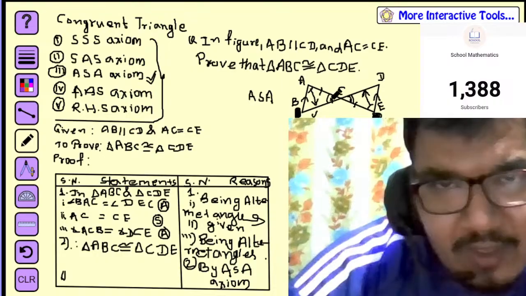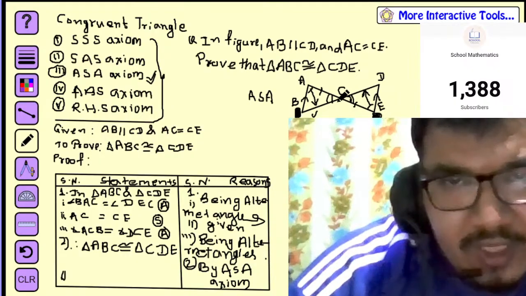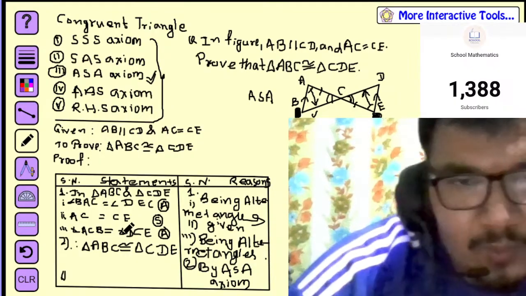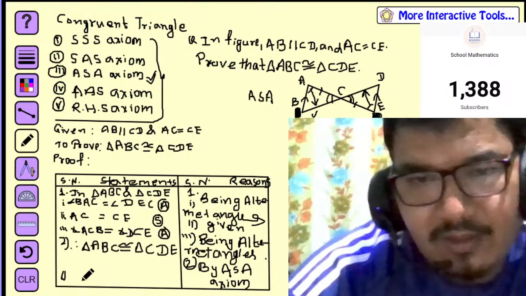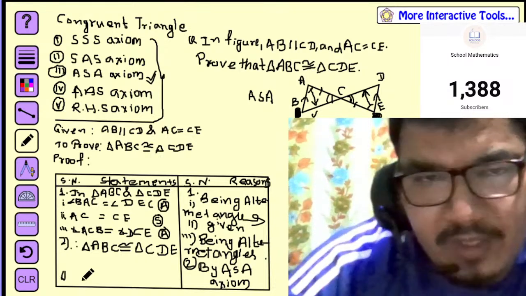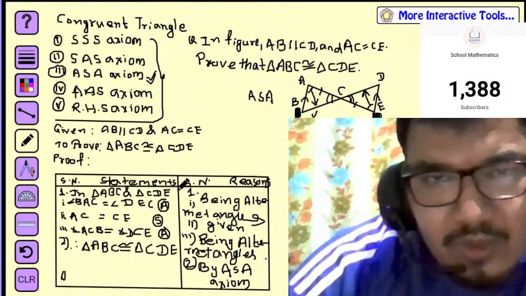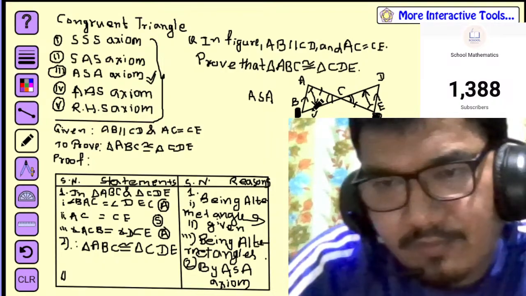We have already proved that these two triangles are congruent. That's why corresponding sides of congruent triangles will be equal. That is the main reason we show the given triangles congruent.